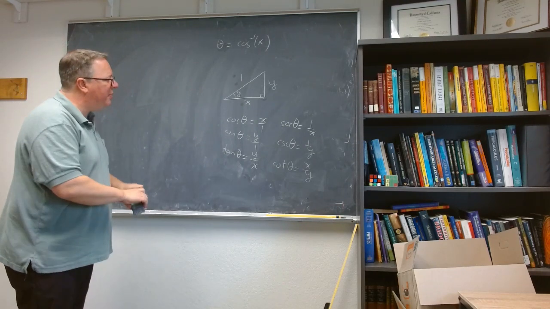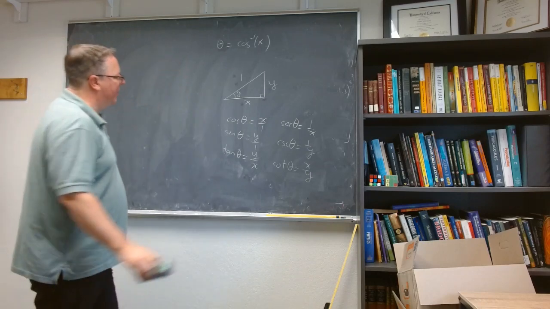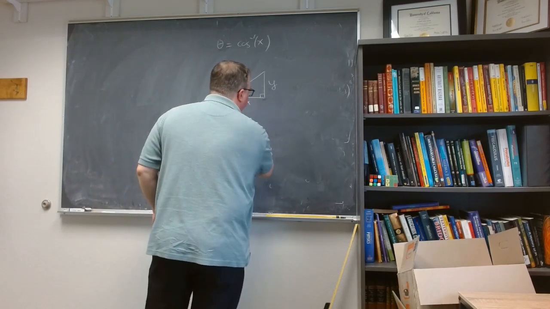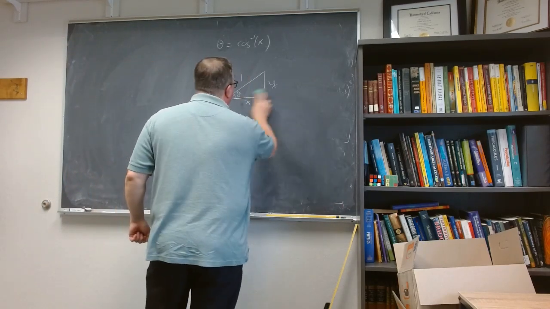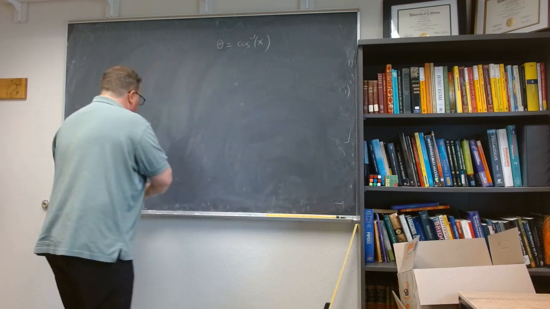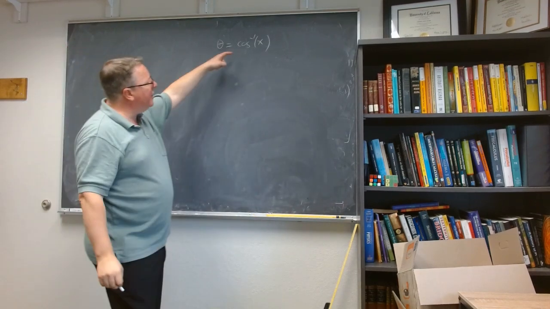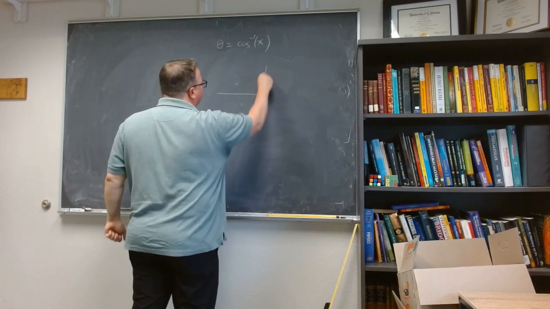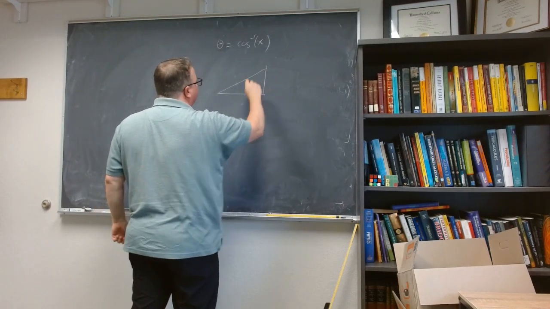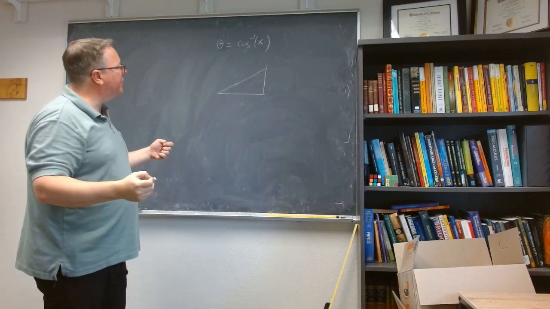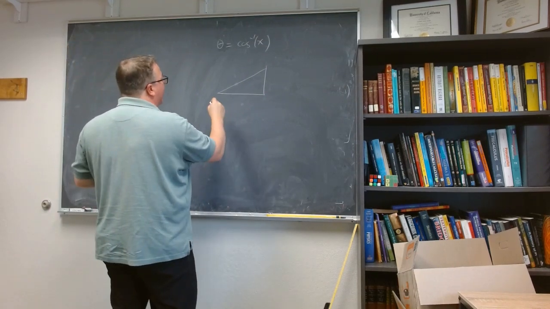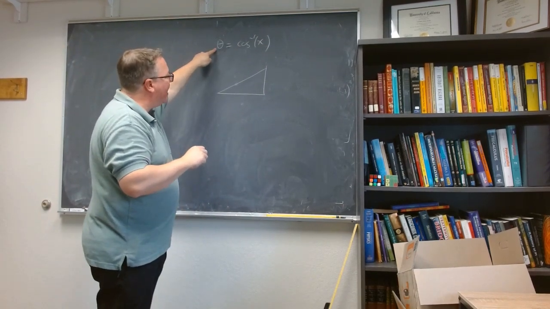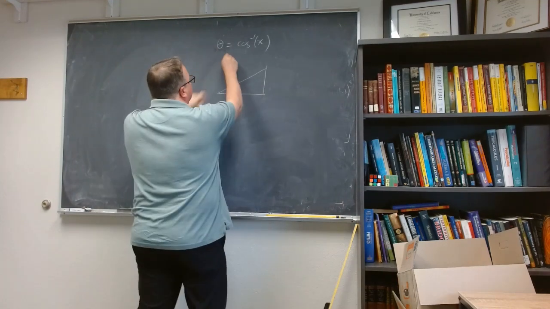And let me show you the picture that I'm drawing for this statement. So cosine inverse is an angle. It's an angle theta. And if x is what we plug into the cosine inverse, it means that cosine of this angle has to be x.